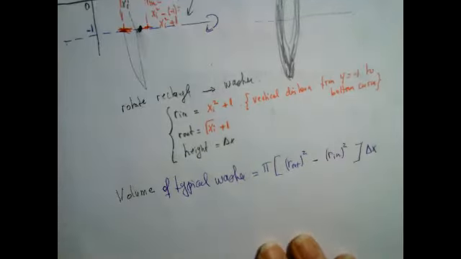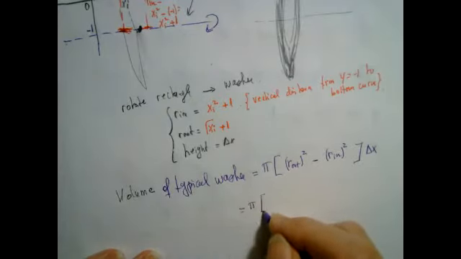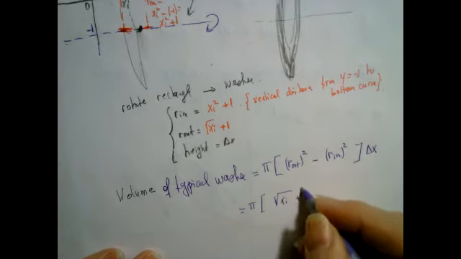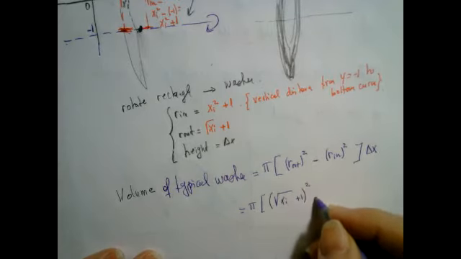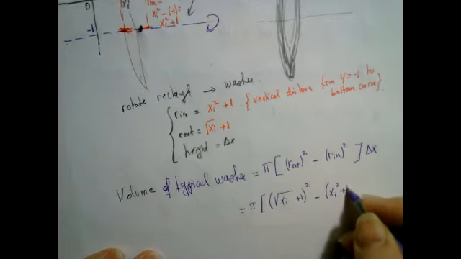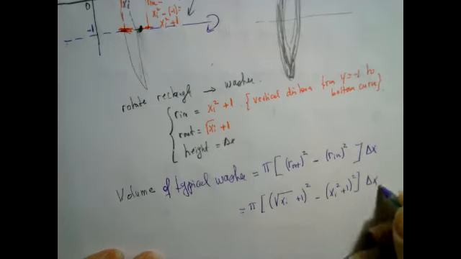I rewrote the formula to remind you what it is. So this will be equal to pi times the square root of xi plus 1 squared minus xi squared plus 1 squared delta x.